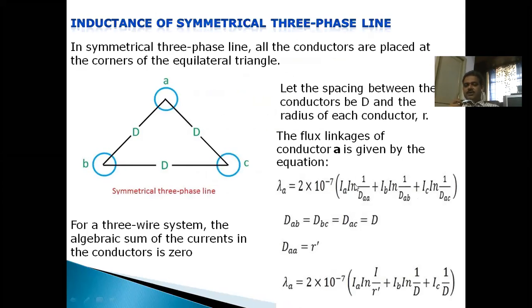Here, lambda_B is equal to 2 into 10 to the power of minus 7. Due to current I_A, the flux linkage depends on the distance between these two conductors, which in this case is D_AB. So the term becomes I_A ln 1 by D_AB plus I_B ln 1 by D_BB.